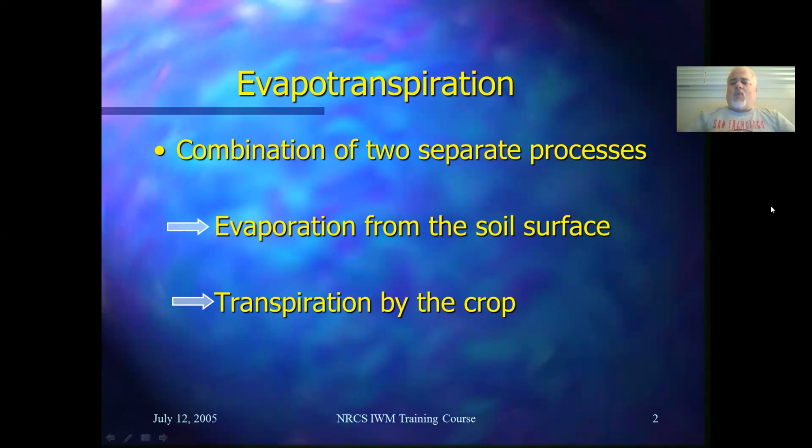And with some minor exceptions, the water doesn't come back up much. It goes down and keeps going down. We're not talking about water loss to leaching. That's something you have to account for other ways.